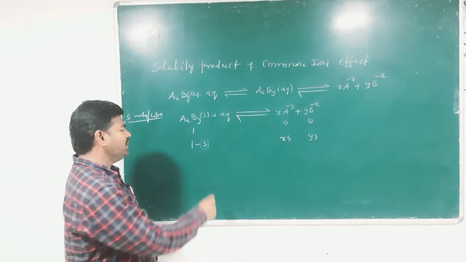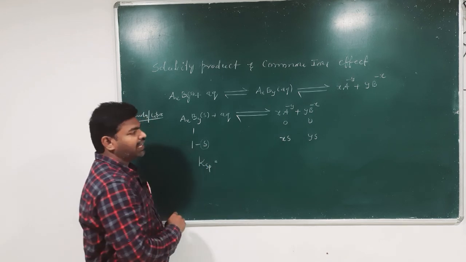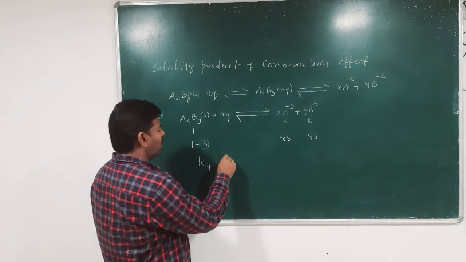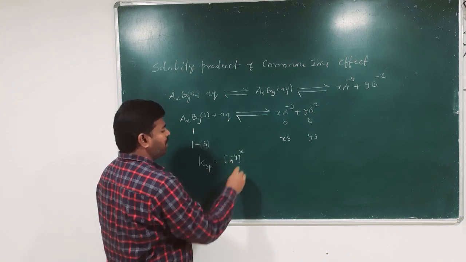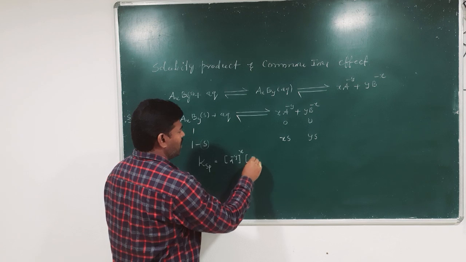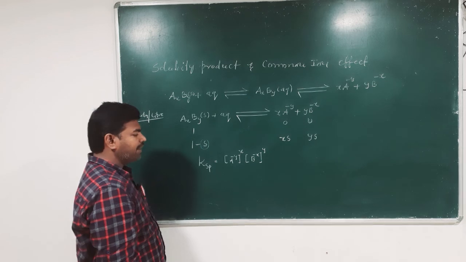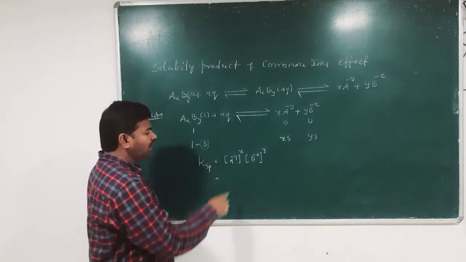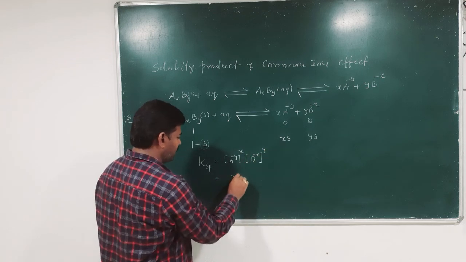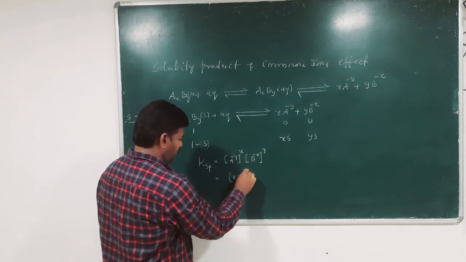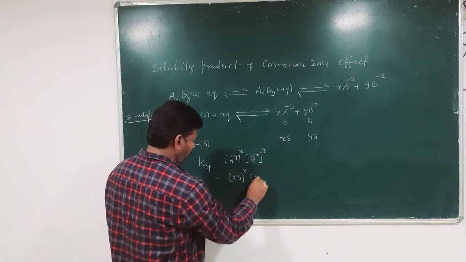And we know that the solubility product Ksp is equal to the concentration of A to the power y minus, raised to x, and the concentration of B to the power x minus, raised to y. The concentration of A is xS and the concentration of B is yS.